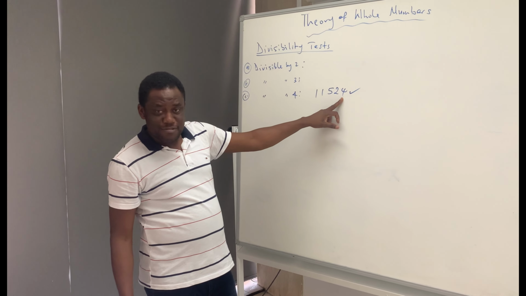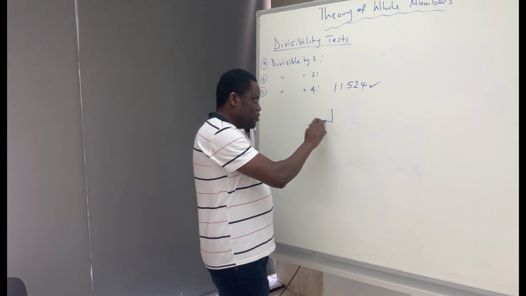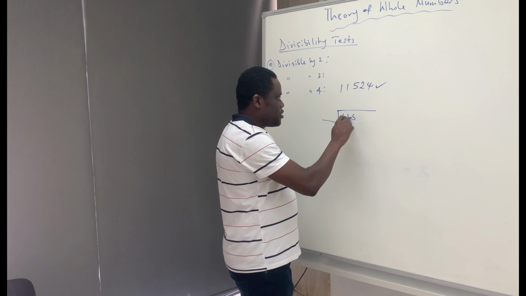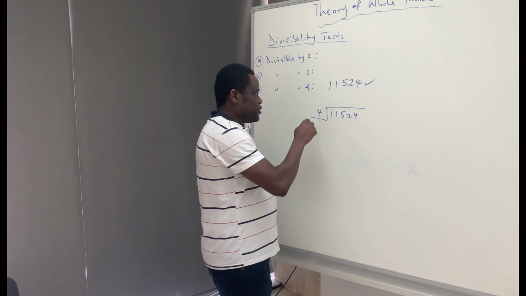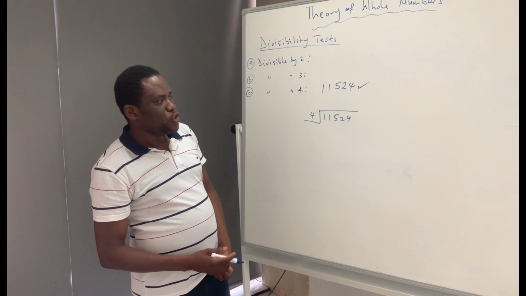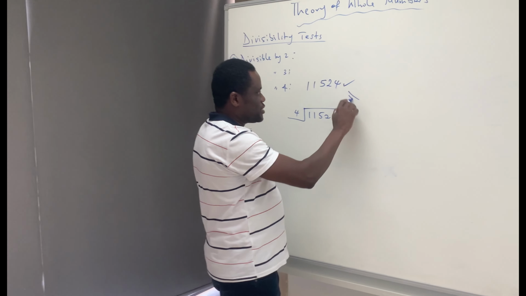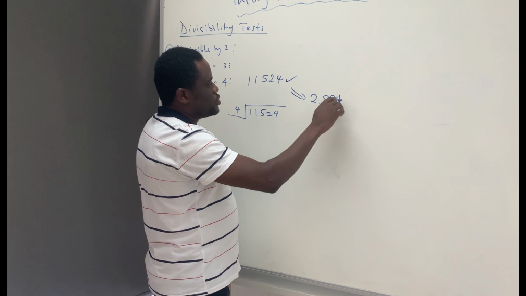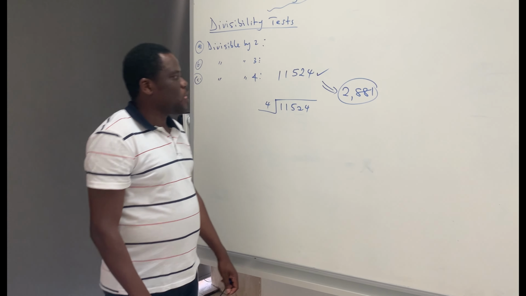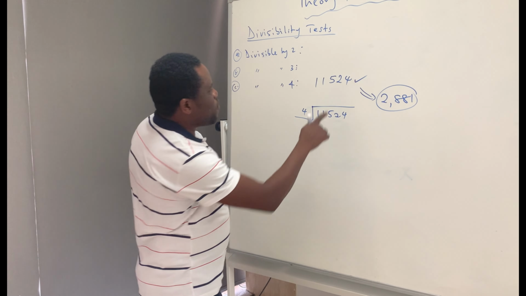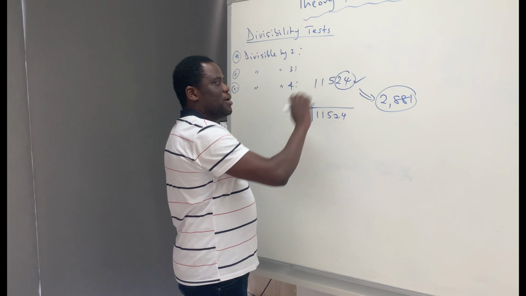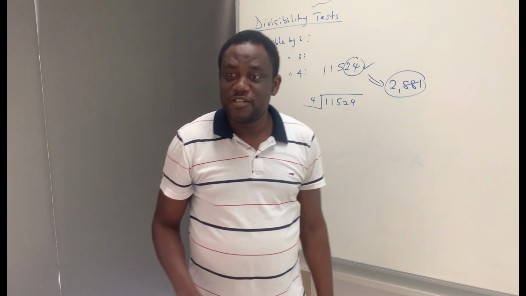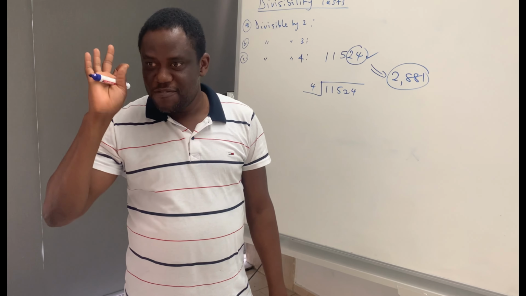So to check it, you know the method. Use your long division method. Check it, and you will see that the result you will get is 2881. Try it. But assuming 4 cannot go into the last 2 numbers, it means it's not divisible by 4.